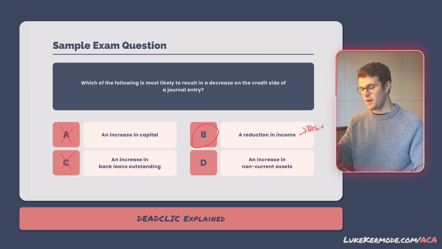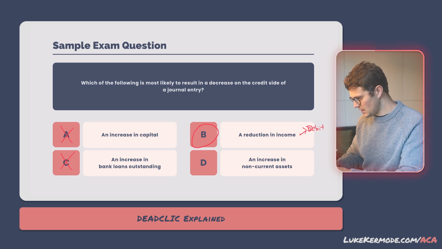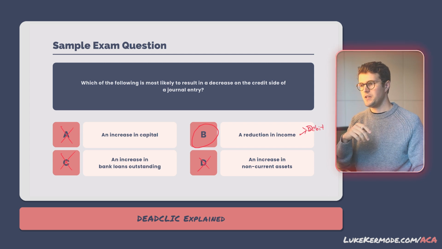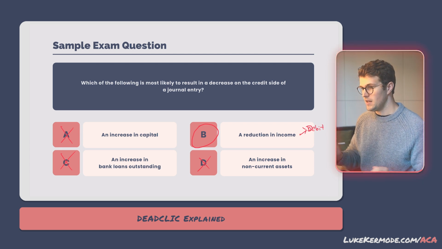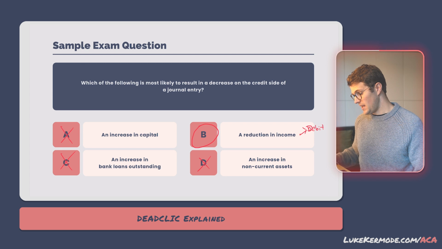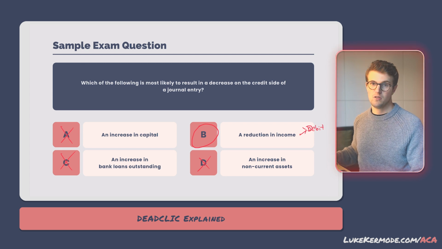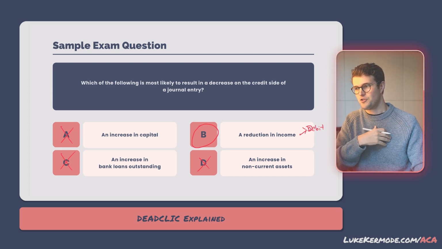So again, this would increase the credit side of a journal entry, it wouldn't decrease it. And option D, an increase in non-current assets. This would be a debit entry, so it has no impact on the credit side of a journal. So option B is the only option here that actually leads to a reduction on the credit side of a journal entry.